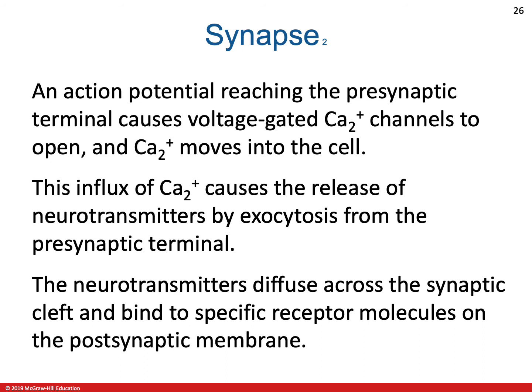The influx of calcium will cause the release of neurotransmitter by a process of exocytosis. The neurotransmitter diffuses across the synaptic cleft and binds to specific receptor molecules located in the postsynaptic membrane.